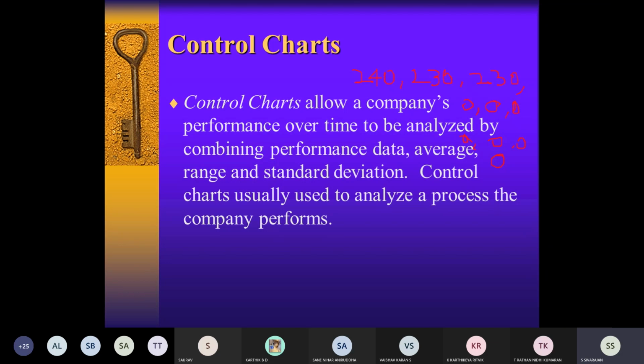The second is the measure of dispersion, how the data is dispersed around the average. For that, there are 2 things: one is called the range, and the other is the standard deviation.